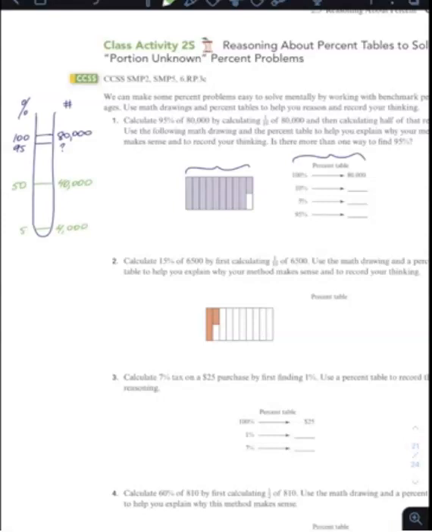That was helpful because to get from 100% to 95%, I need to subtract 5%. And if I do that on this number line, I'm going to be subtracting 4,000. So what I'm finally going to be getting is 76,000.